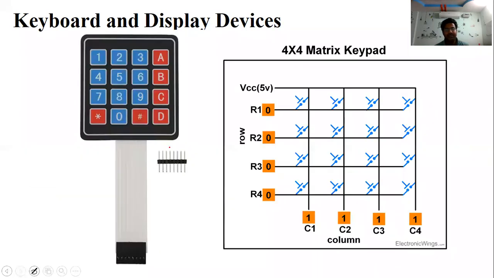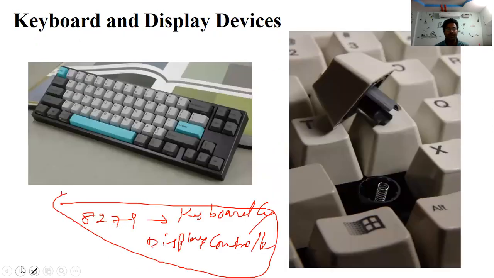You know that keys. These are the key connections. These are the rows as well as the column connections. The key is placed between the row and the column. When you press this key, the key touches the row and column, and only then is the microprocessor interfaced. Whatever we have discussed here are spring balanced keys.